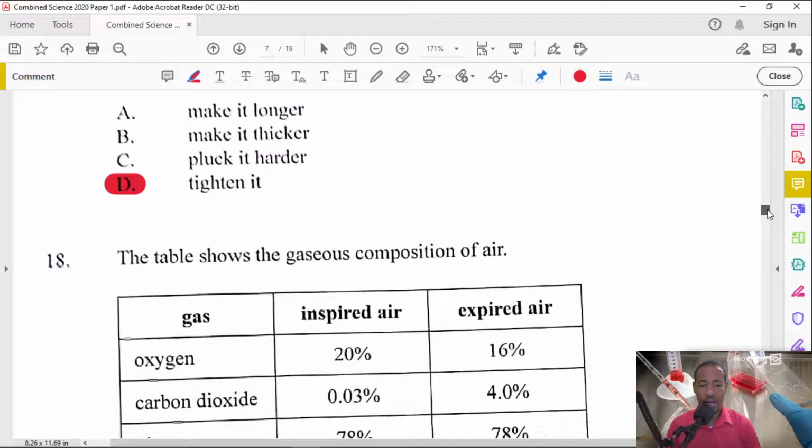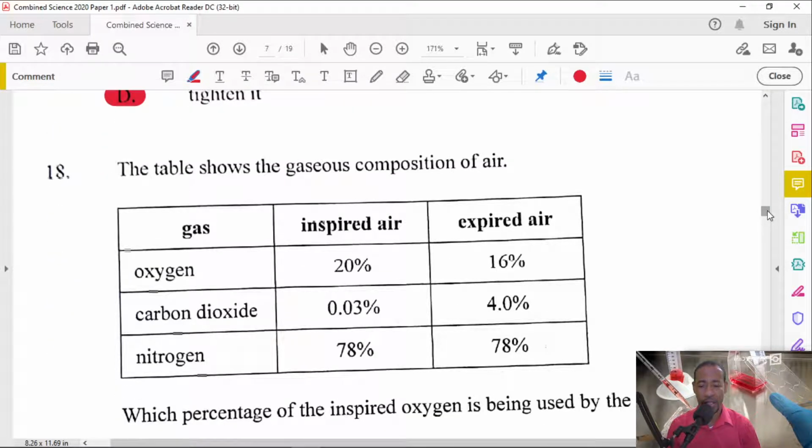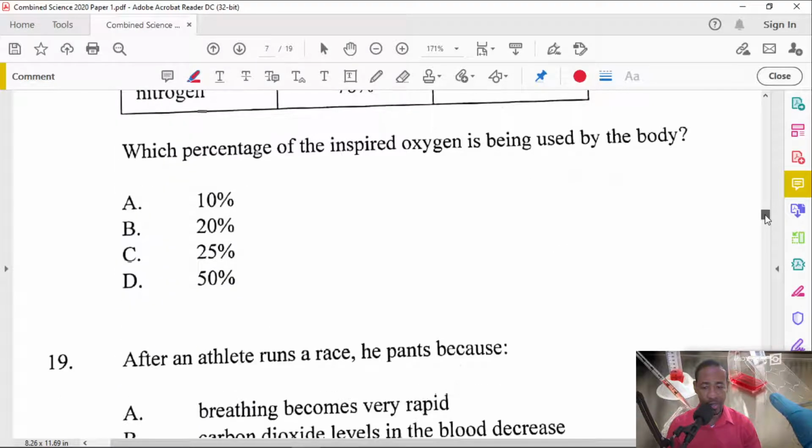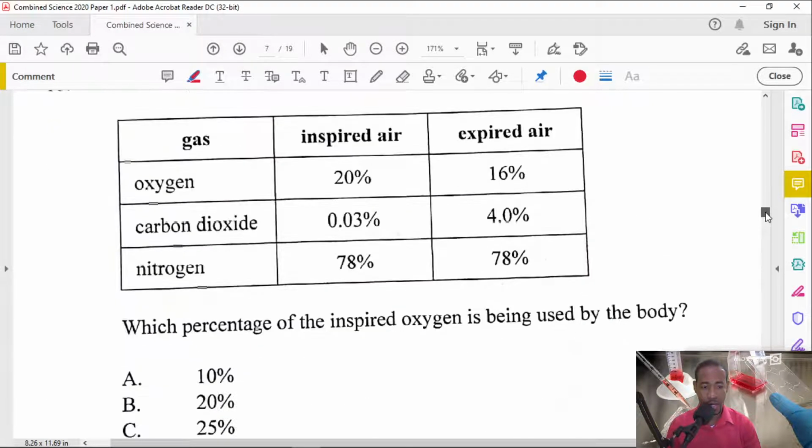And question number 18, it said that the table shows the gaseous composition of air. For this one, let's go down to the question here. It said which percentage of the inspired oxygen is being used by the body? Now be very careful, because the inspired air is 20% going in.